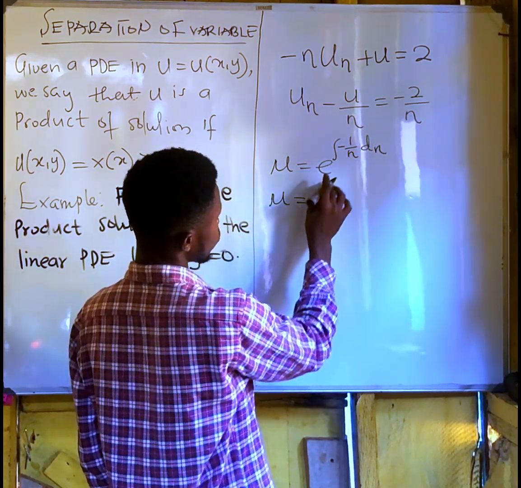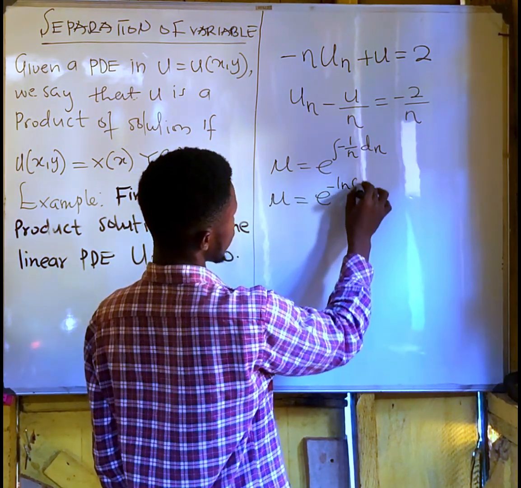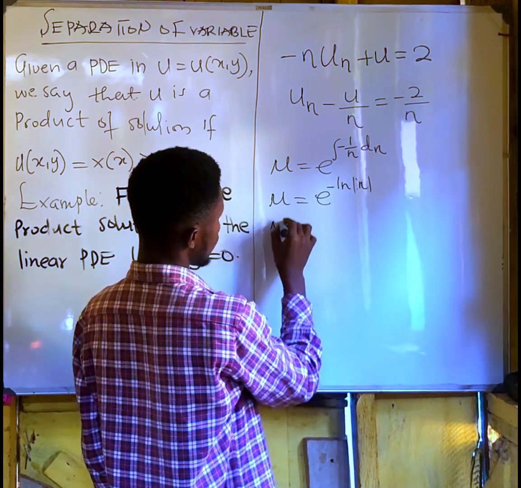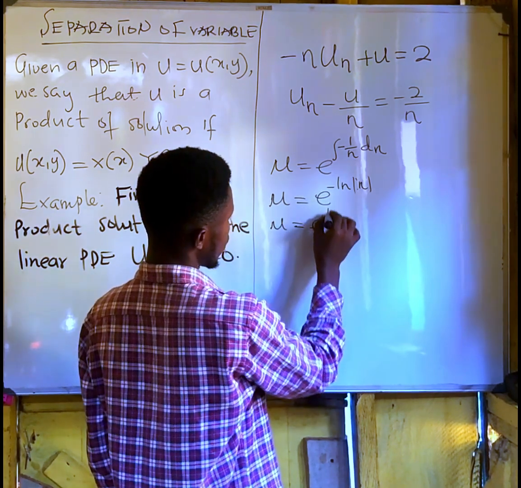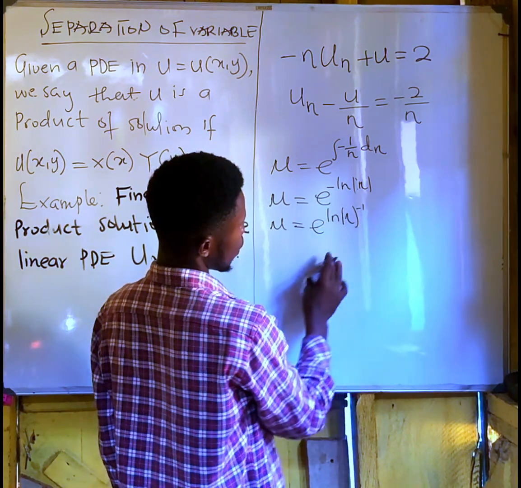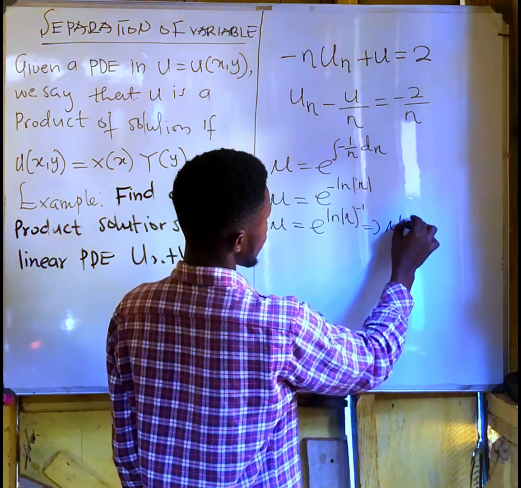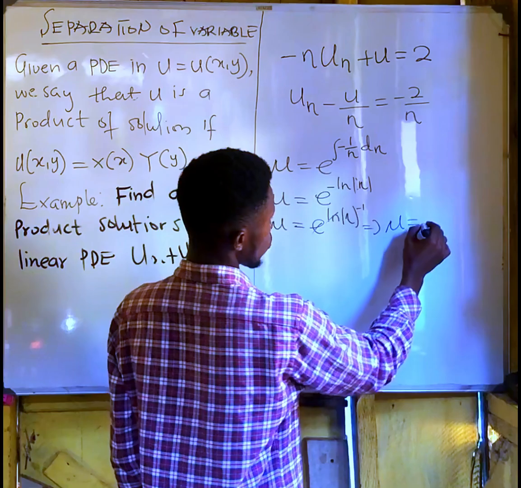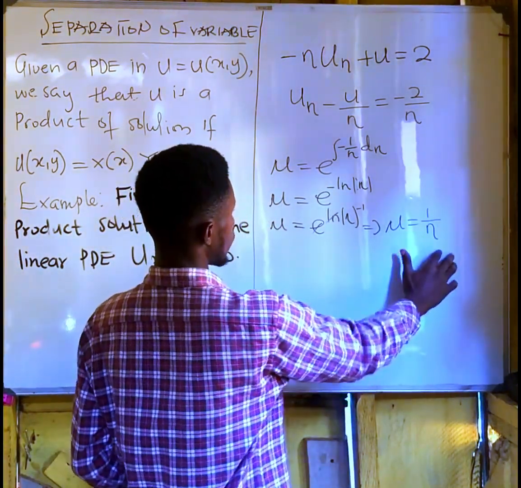So mu will be equal to, if I integrate it, negative ln eta, okay? So that you have mu equals e to the power of negative ln eta. This negative goes up, so this implies that my mu will be equal to 1 over eta. Is that okay? So this is our integrating factor.